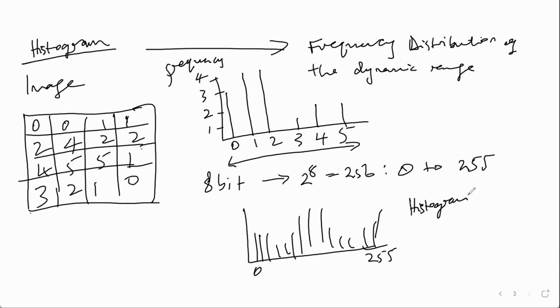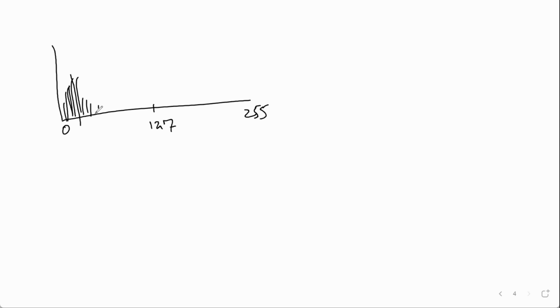So if I may ask a quick question, supposing we are dealing with an image from 0 to 255, our midway point is 127. If most pixels were below that, what do you think that image would look like? It would look dark. Exactly.